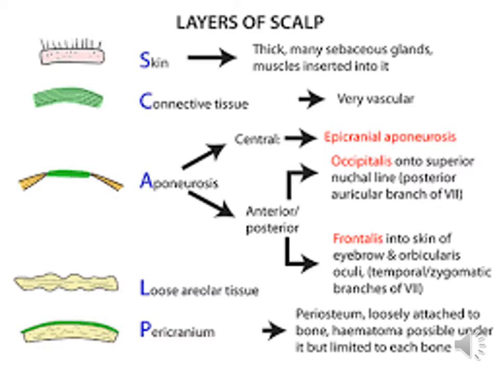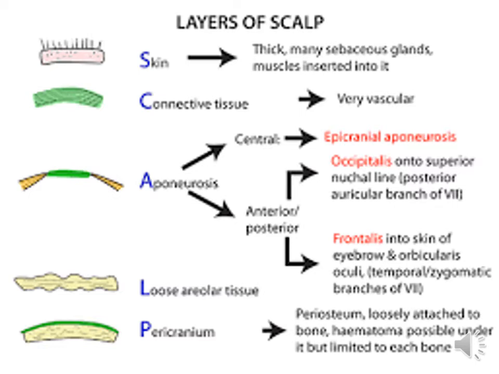The second layer is connective tissue. This layer is very vascular. It has a rich blood supply, with arteries, veins, arterioles, venules, and capillaries in this layer.